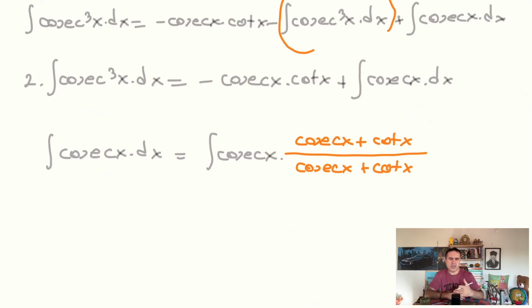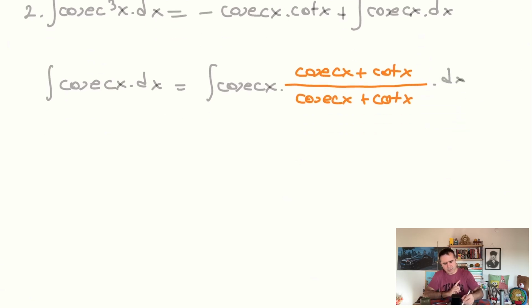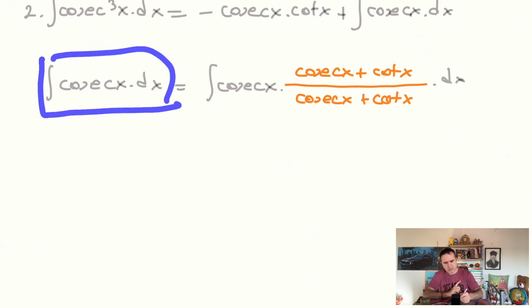Also important. And for the tangent function, tangent x, tangent square of x, tangent cube x, cotangent x, cotangent square of x, cotangent cube x. All these integrals are really important for you to take the trigonometric integrals. And okay, dx. Now you should know this way of integrating cosecant x dx.